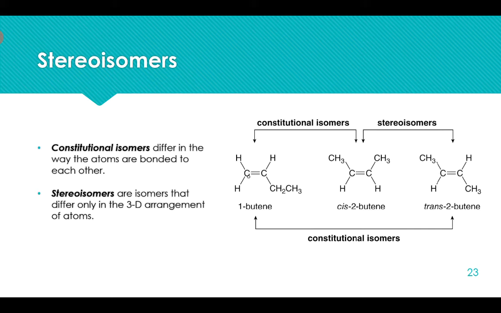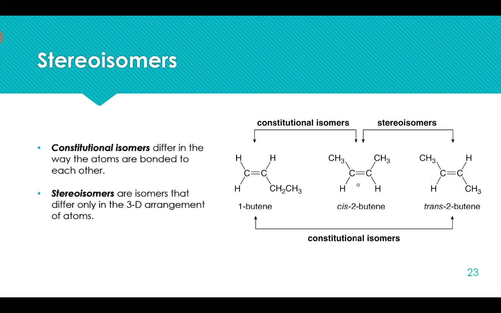So for instance, 1-butene is an isomer of cis-2-butene because this double bond is between carbons 2 and 3, whereas this double bond is beginning at carbon number 1. They have the same molecular formula, so they are isomers, but the location of the double bond is different. That makes them constitutional isomers.